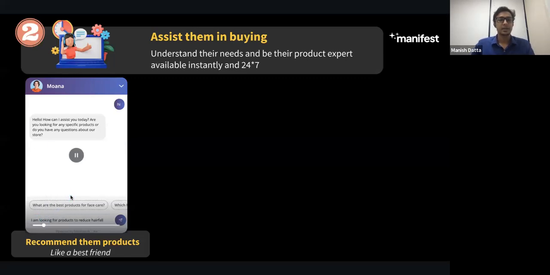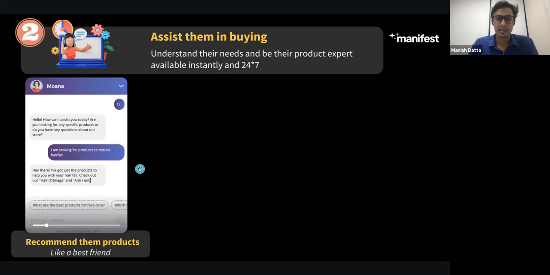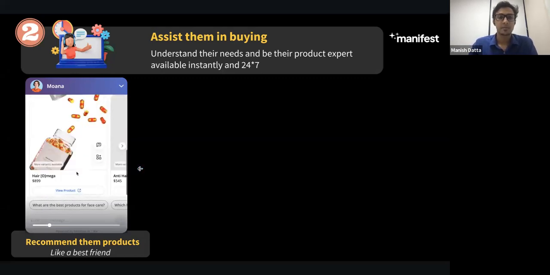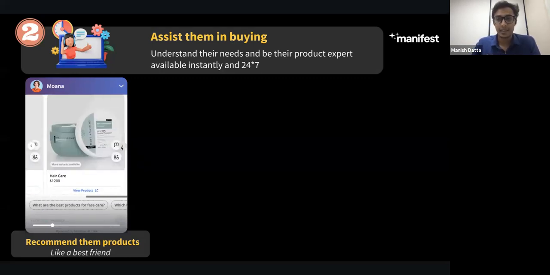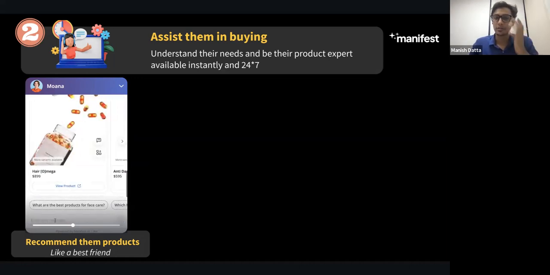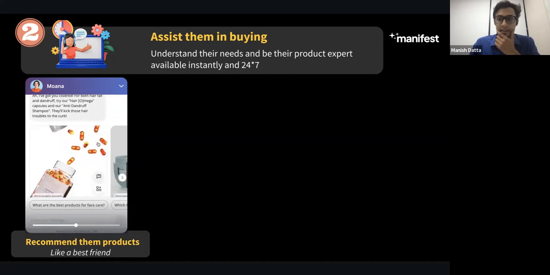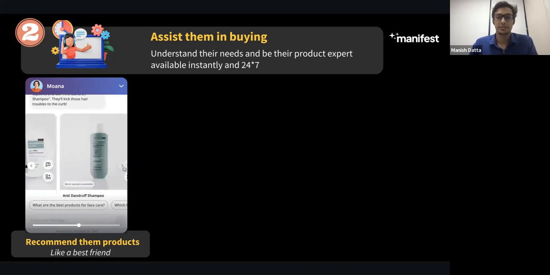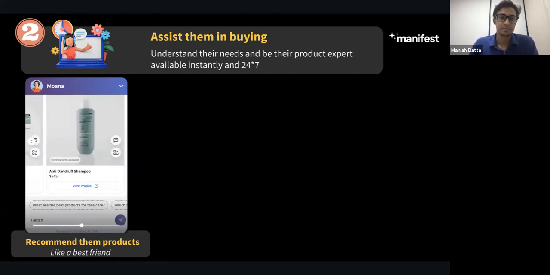We can see a buyer coming in and asking for products about hair fall, right? And in this case, AI can help you do this. AI can help you personalize the catalog and the recommendations you give out based on the query asked by each customer. So in this case, this person can go ahead and ask a few more questions in a very conversational manner, and they end up getting the most ideal recommendations of what would work for them.